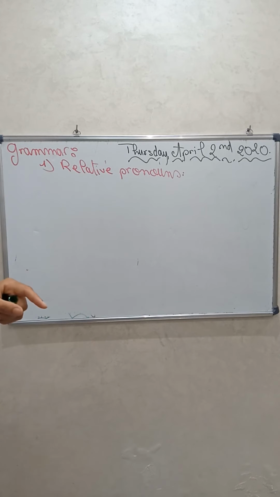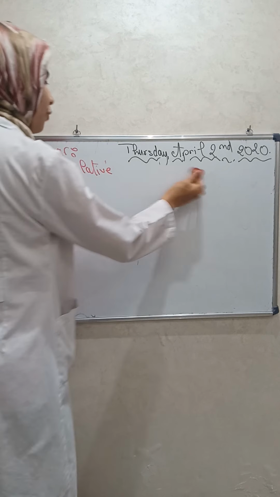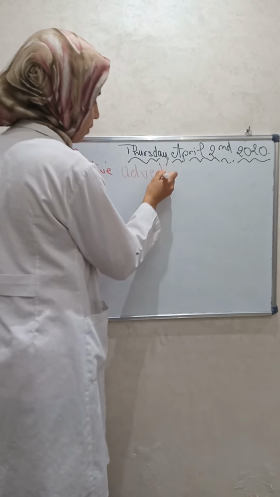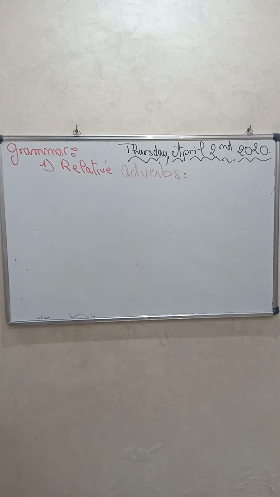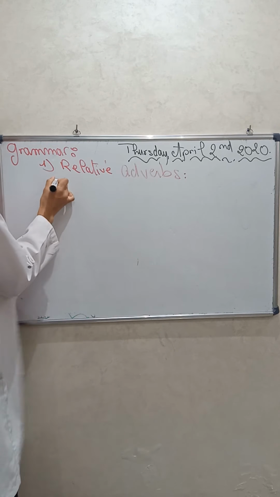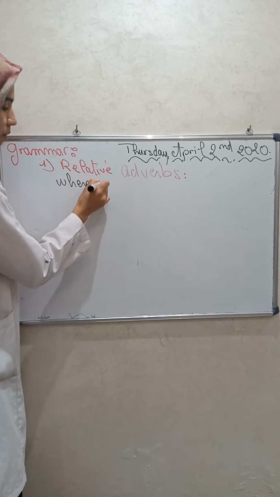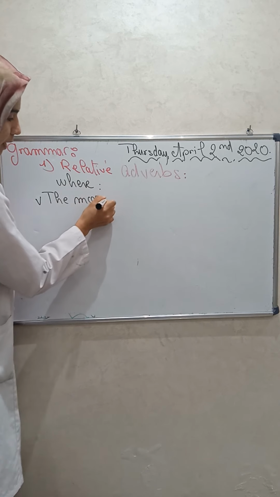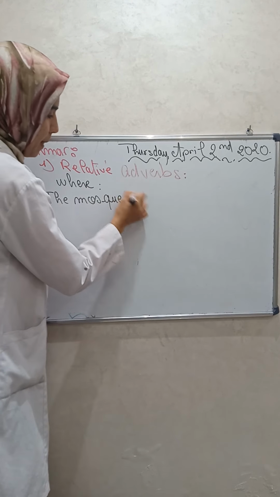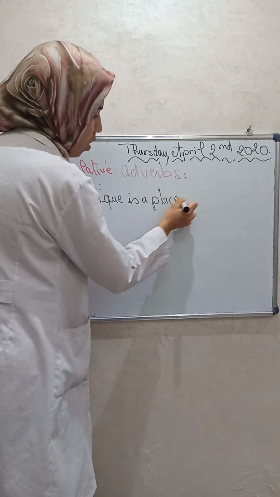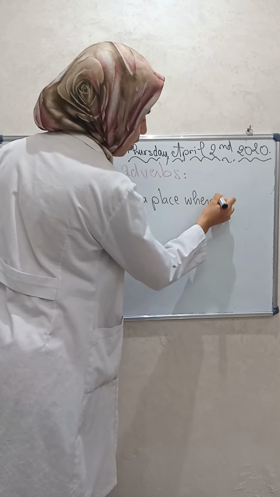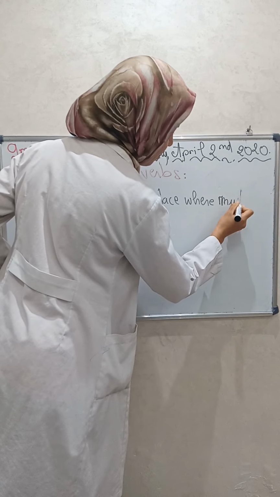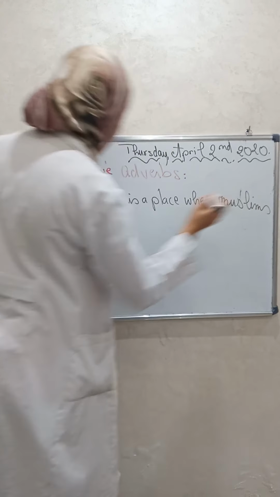Okay, now let's go to the relative adverbs. The relative adverbs, which are where. So where we say the mosque is a place where Muslims pray.